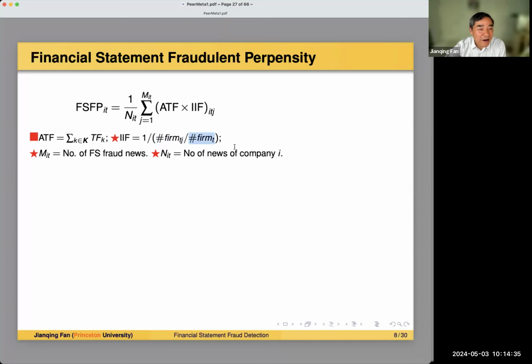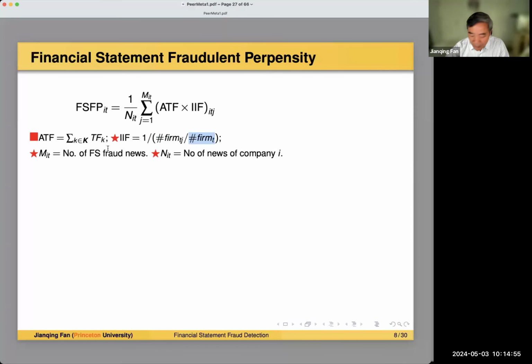And of course there is non-stationarity over time, so we also normalize by the number of firms reported at time T. Starting from early 2000, there may be about 2,000 firms, and by the end of the study, maybe 5,000 firms. So we multiply by the number of firms.